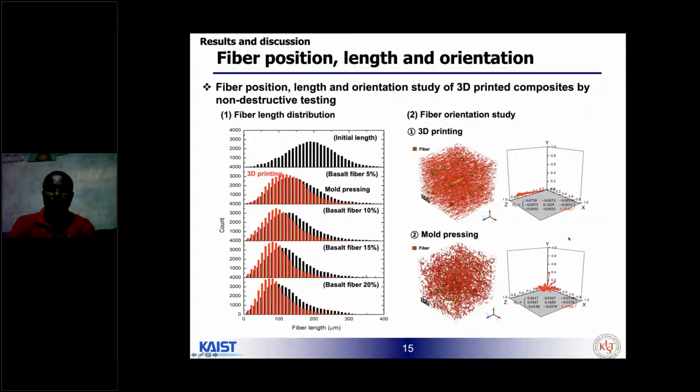This contrasts with the traditional molding process, which exhibits slight fiber alignment in the resin flow direction, but it does not exceed an A33 value of 0.5. This difference between the two processes can affect not only fiber orientation, but also mechanical properties and friction behavior of the composite.